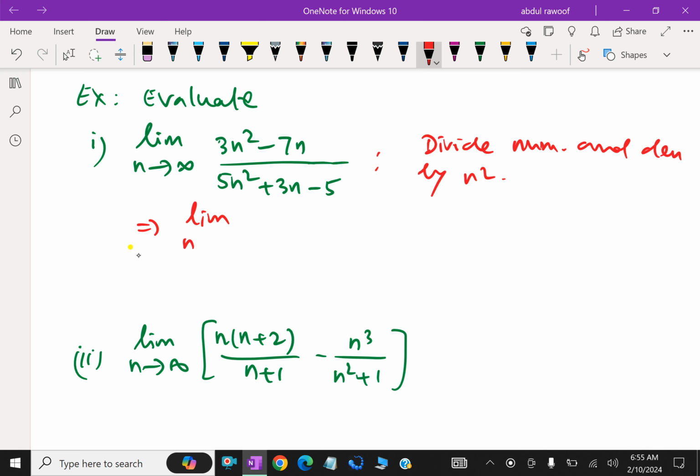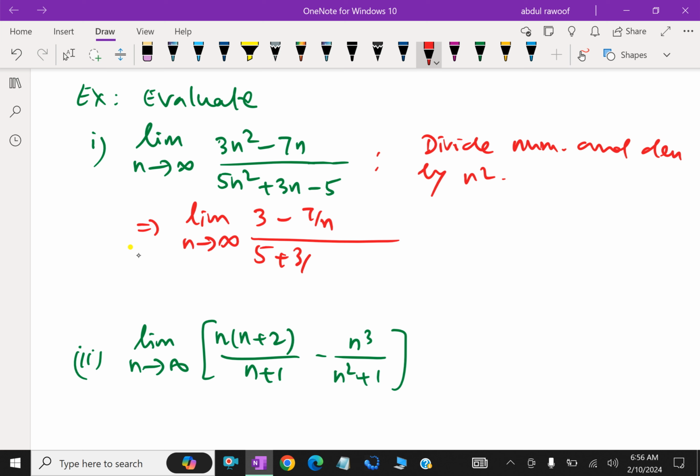limit n tends to infinity: 3n square by n square is 3, minus 7n by n square is 7 over n. In the denominator, 5n square over n square is 5, 3n square over n square is 3 over n, minus 5 over n square.